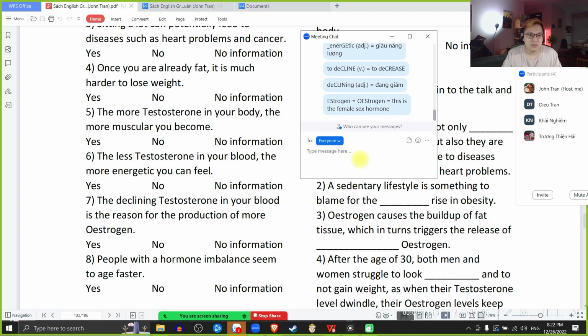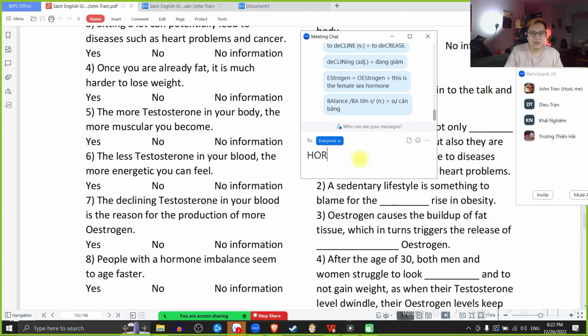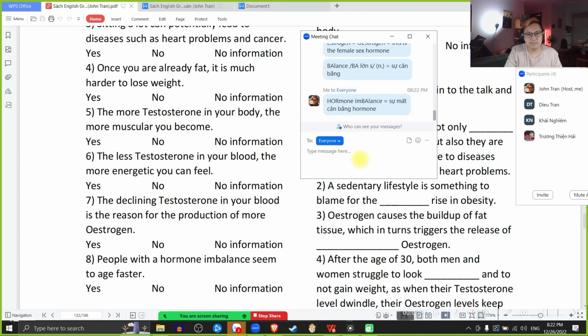Number 8. People with a hormone imbalance. So you know the word balance, right? Balance. Sự cân bằng. So hormone imbalance, sự mất cân bằng hormone. People with a hormone imbalance seem to age faster.